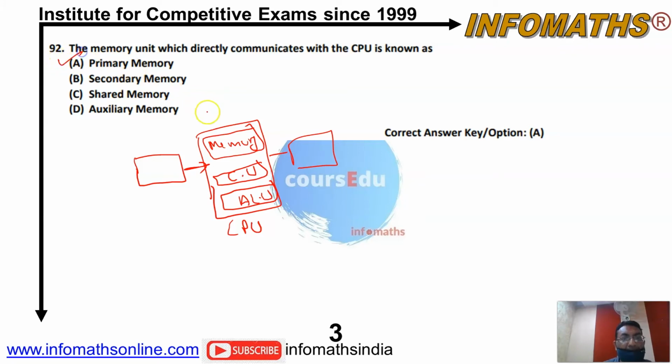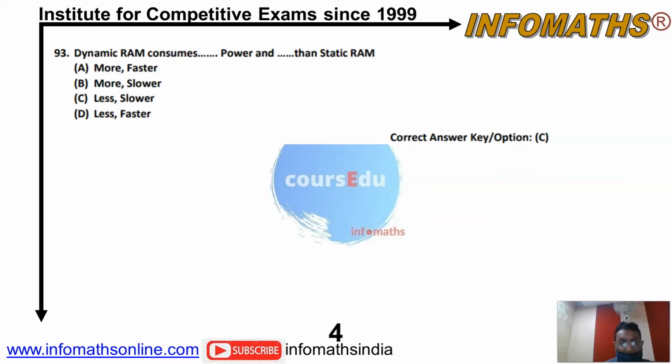So the answer is primary memory or main memory or RAM. It is not auxiliary memory, not secondary memory, not shared memory. So I think it's very clear to you. Option A is the right answer. Again, it matches with the experts.